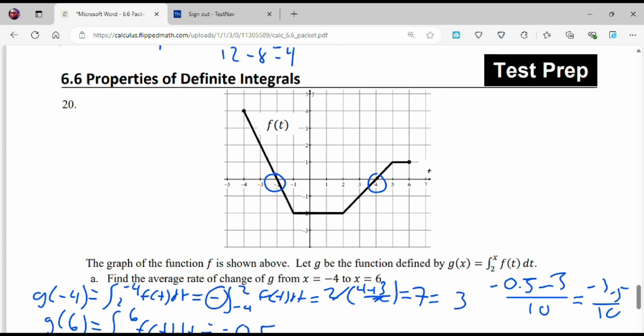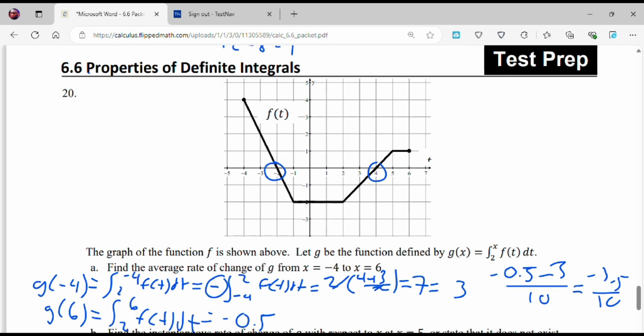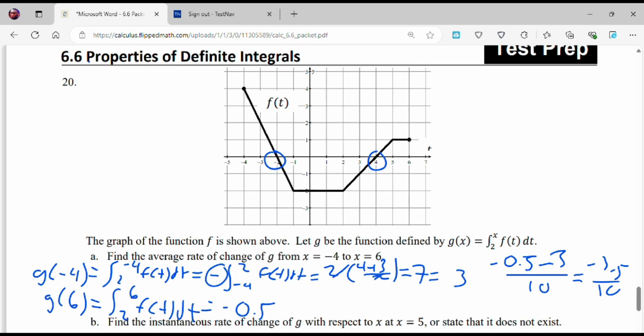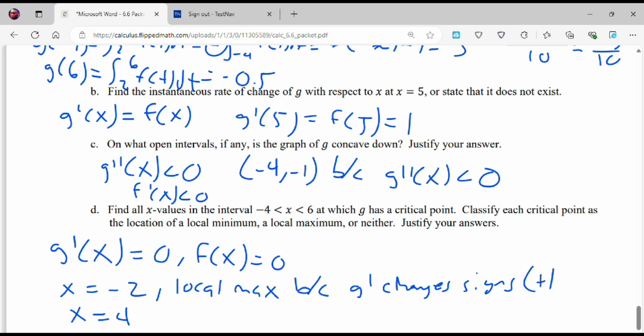If you look carefully, at x equals -2, our graph goes from positive to negative. So that is a local max, because g prime changes signs from positive to negative.